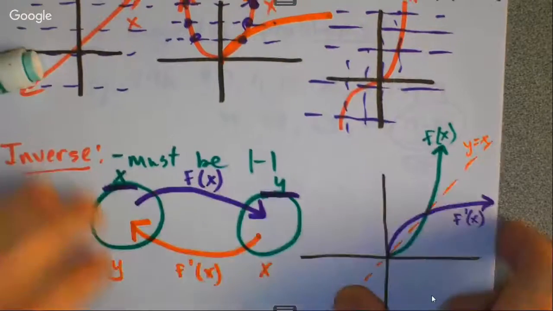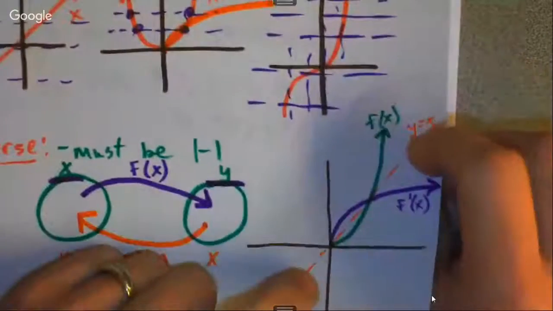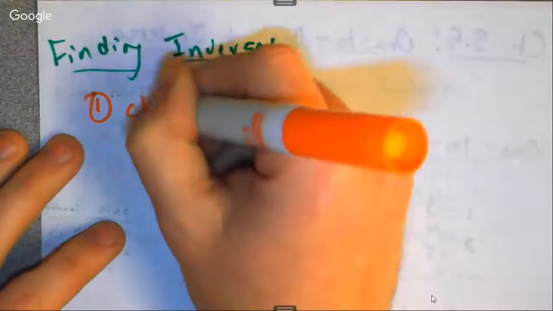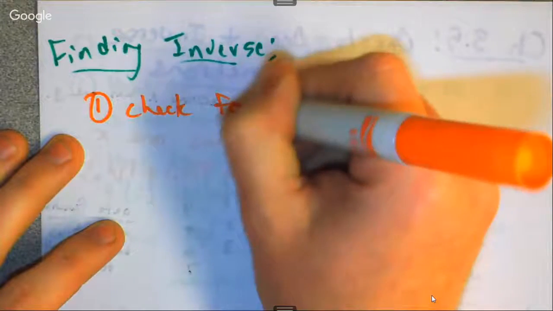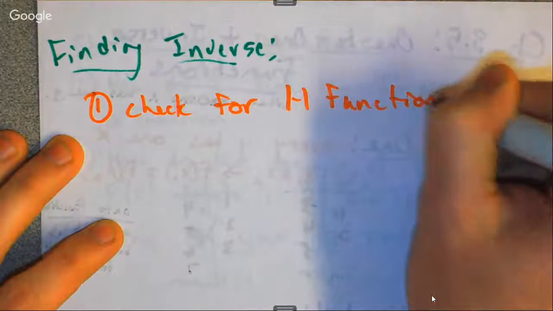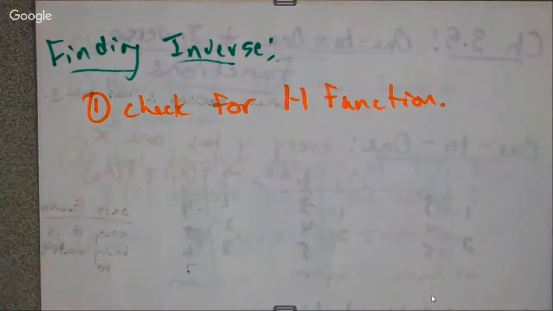Now, how do I find an inverse, other than graphically? Algebraically, how do we find an inverse? Number one, you check for a one-to-one function, because if it's not a one-to-one function, then it's not going to have an inverse.